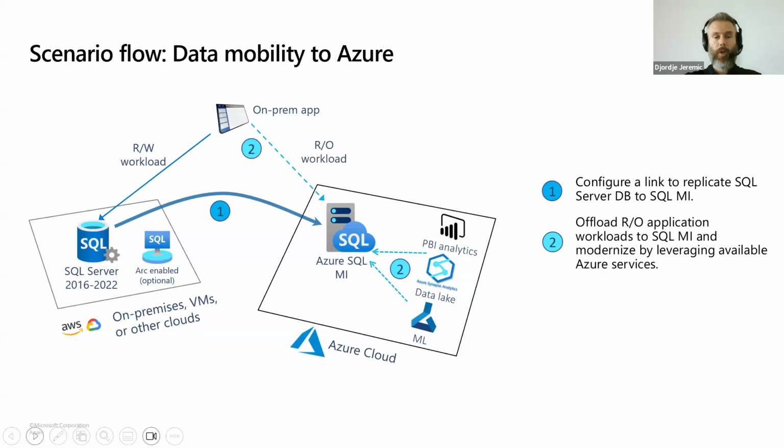At that point, your data becomes available to other services in Azure. And also, you can then delegate your read-only workload, if you have such, to Azure SQL MI. So only your read-write workload is performed on-prem.